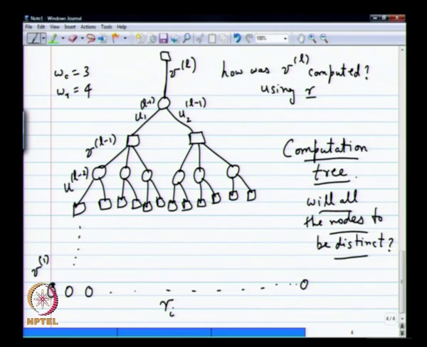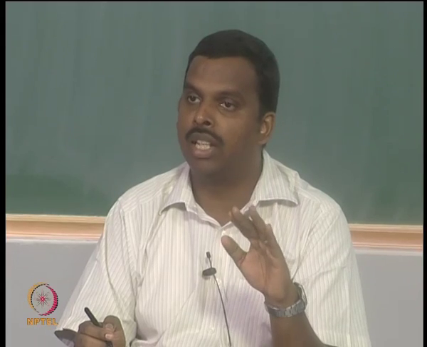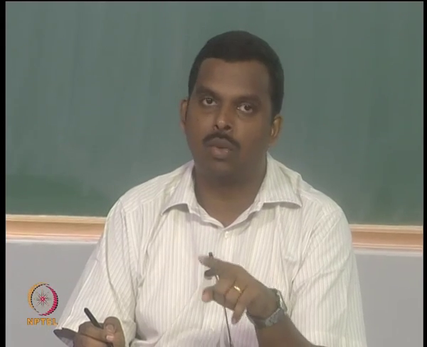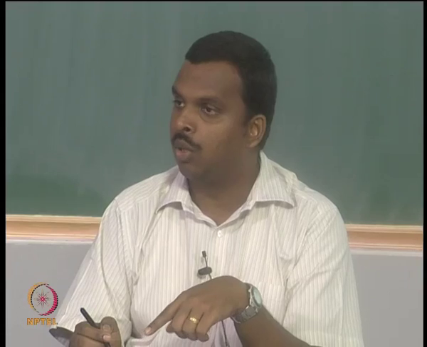If all the nodes in this computation tree are distinct, then my formula for VL holds exactly, the density evolution formula for VL holds exactly. So, PL, that is the probability that VL equals 1, will be exactly that probability. That happens only when all these nodes are distinct, because there is no dependence.